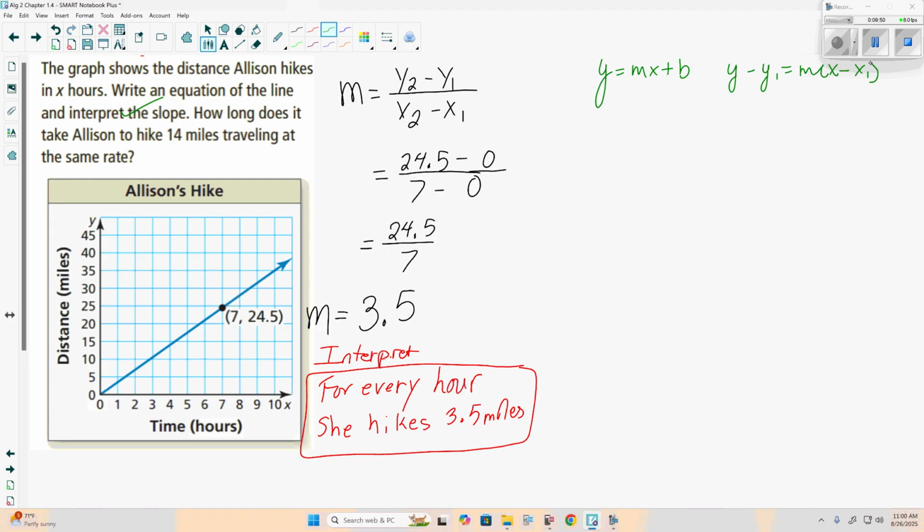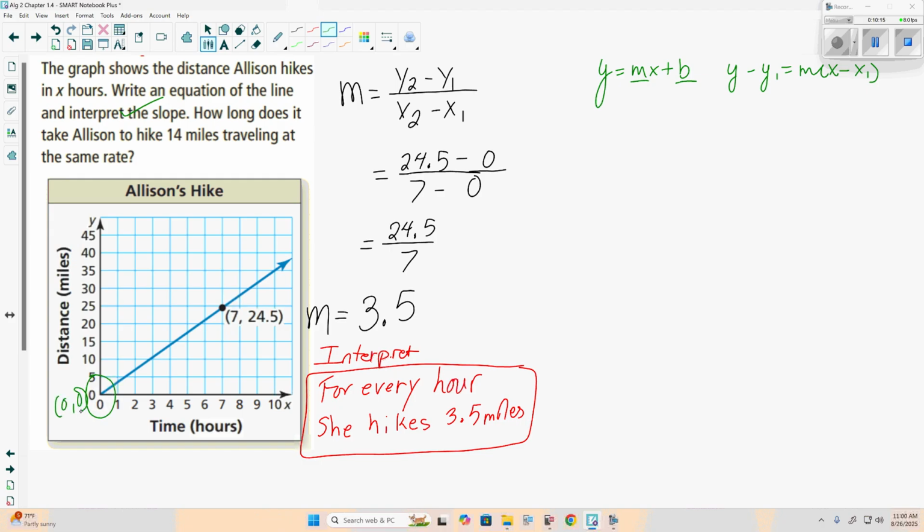Now, the only reason we wouldn't just pick slope-intercept form is if we do not have the y-intercept. Because if I have the slope and y-intercept already, we can plug it in for m and b, and we have our equation. Do we have the y-intercept here? Yes, the y-intercept is the point 0, 0.